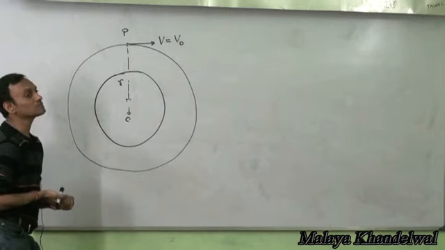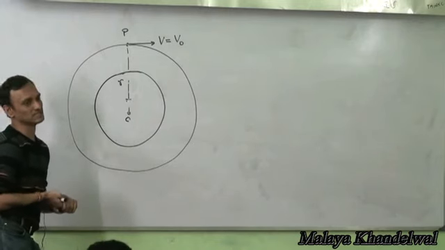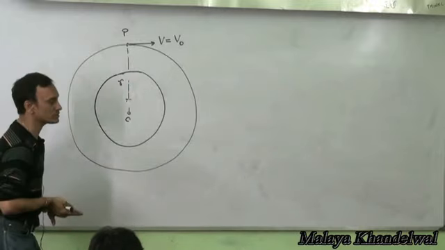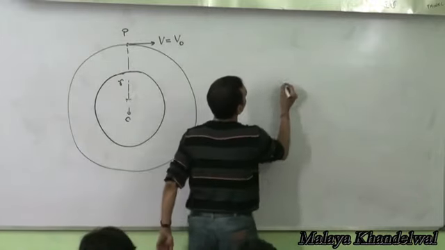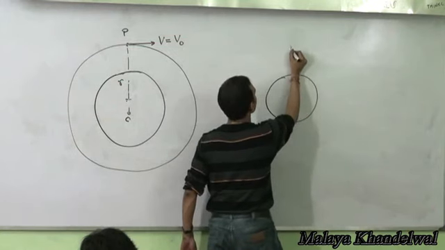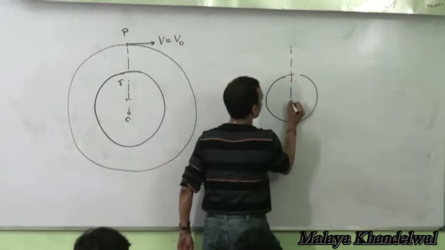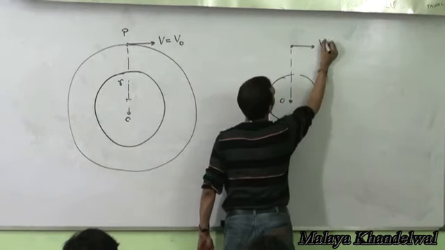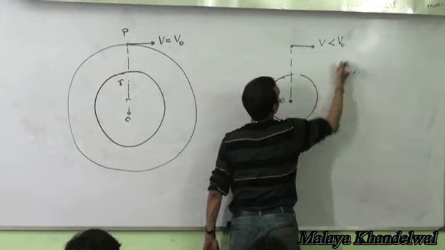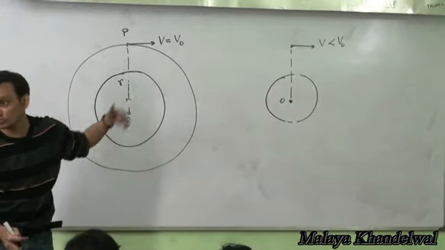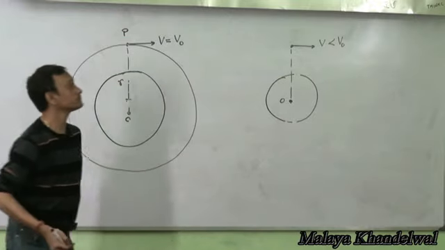If you imparted a speed less than the orbital speed, what would happen? Again without proof, something that I want to offer: if you impart it a speed less than the orbital speed, then it can no longer undertake this circular trajectory, right?